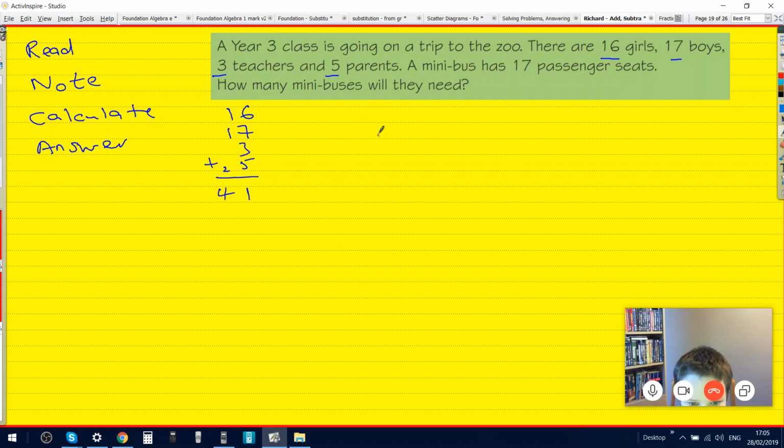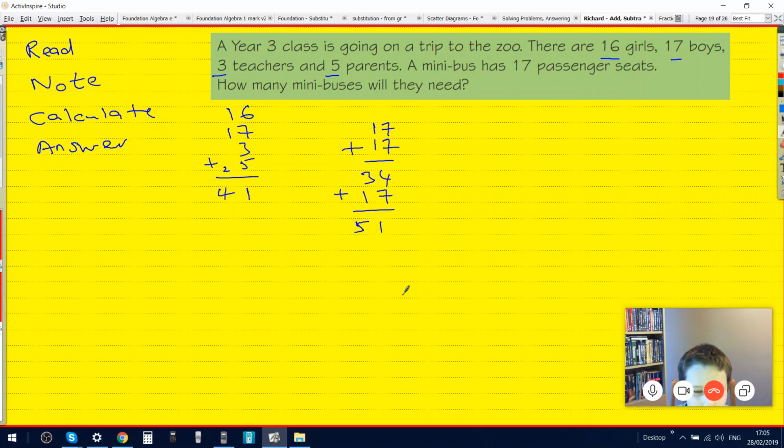The 17 and 17 is 34. So, and 34 and 17 is 51. So that's too many passenger seats.